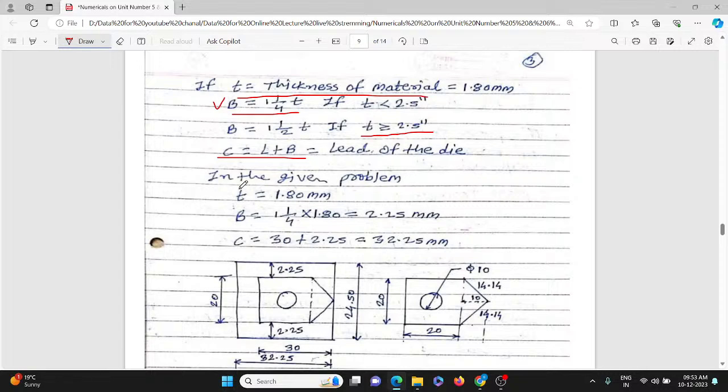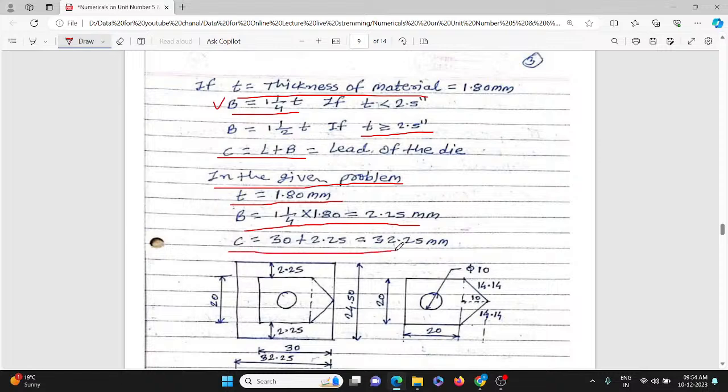So here you can see in the numerical, it is given T equals 1.80 mm. So B we can calculate by using the standard formula, that is 1.25 multiplied by T, that is 1.25 into 1.80, which is 2.25 mm.